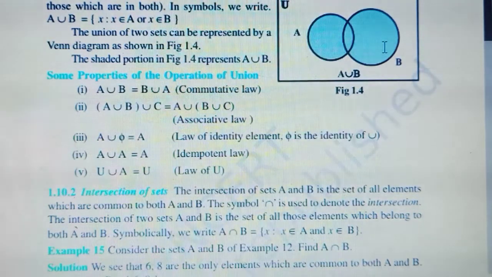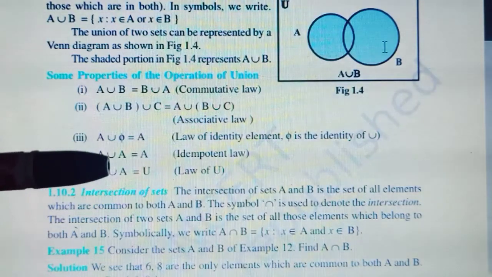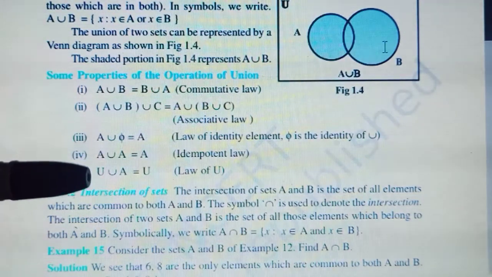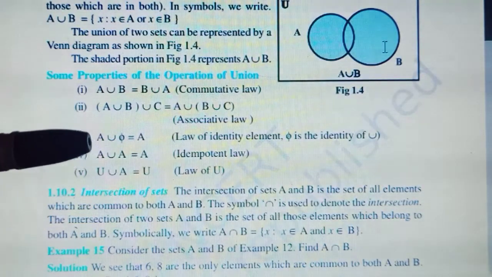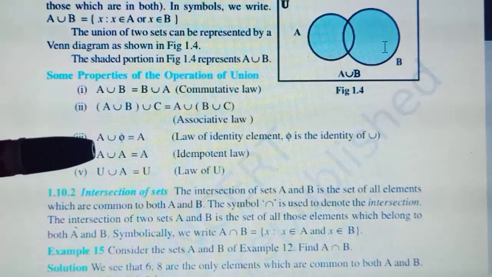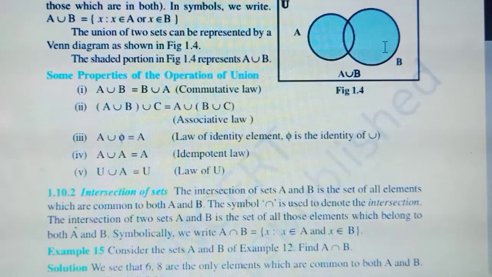So likewise, for union of two sets, the identity element would be null set. Because when you find union of any set with null set, you get the set itself. Because null set has nothing in it, so there will be no change. There is nothing more you will have to add. Okay, so null set we say is the identity for union of two sets.